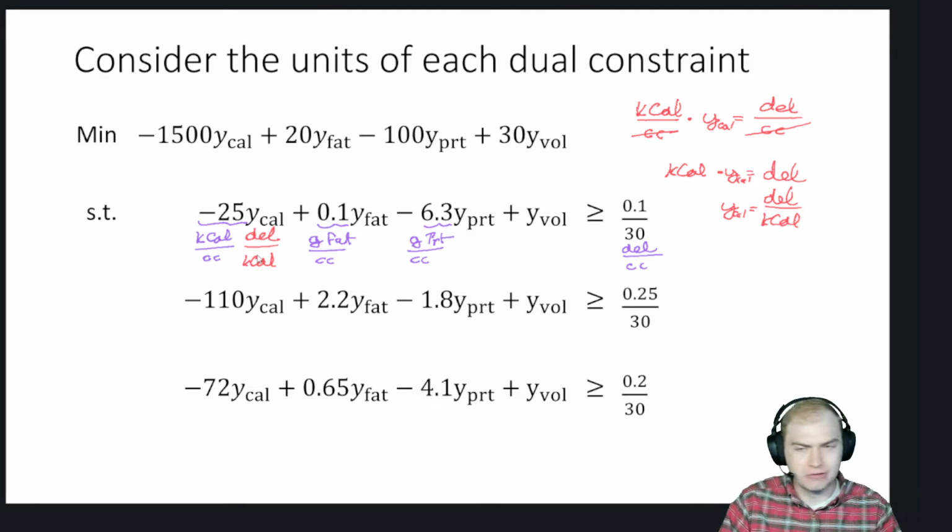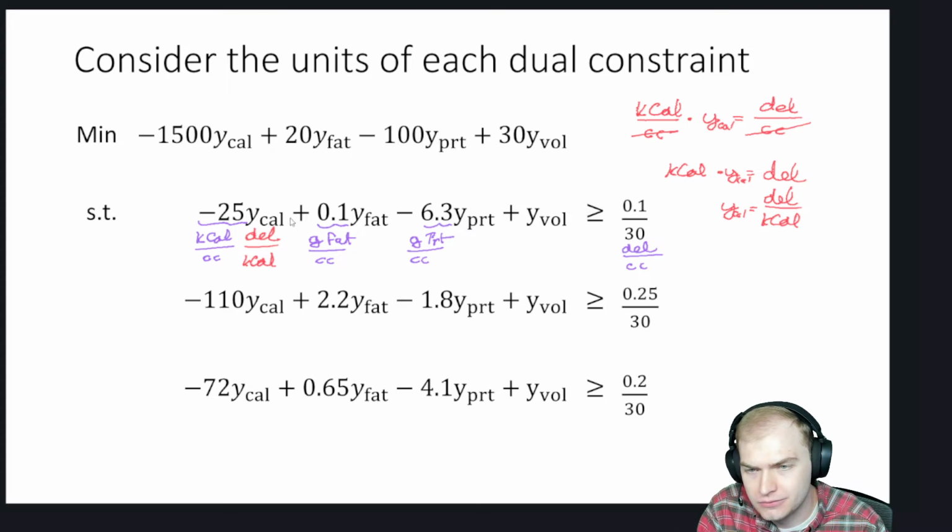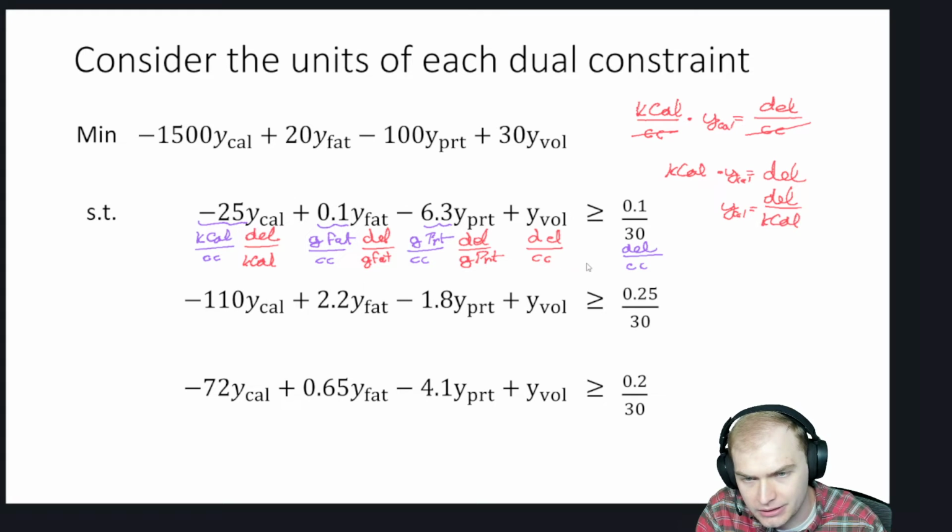And using the same sort of logic, we can see that Y fat is deliciousness per gram of fat. And Y protein is deliciousness per gram of protein. And Y volume is just going to be deliciousness per cubic centimeter.